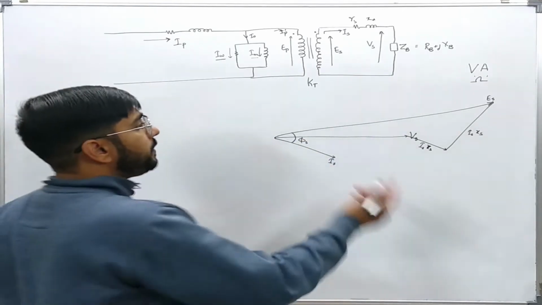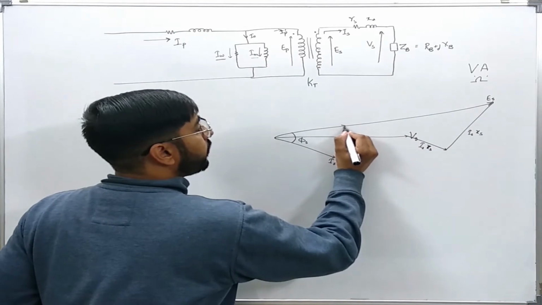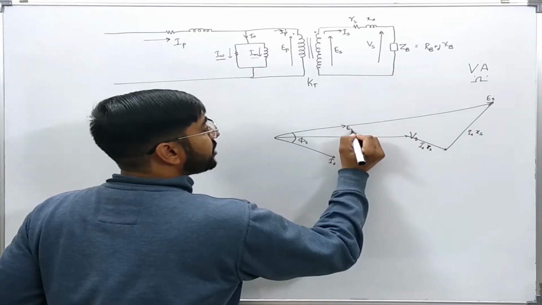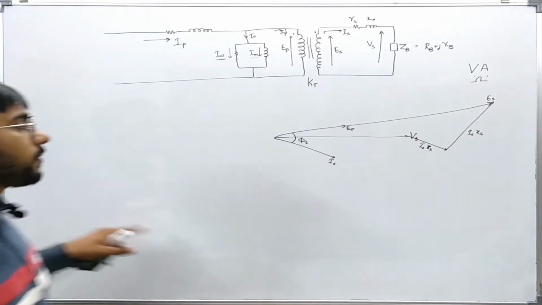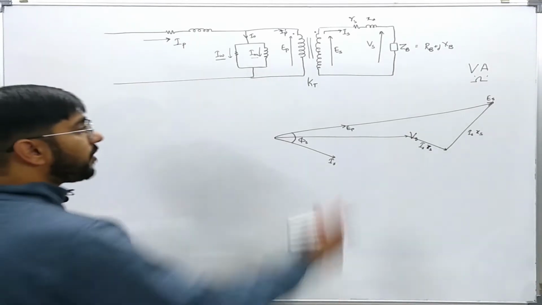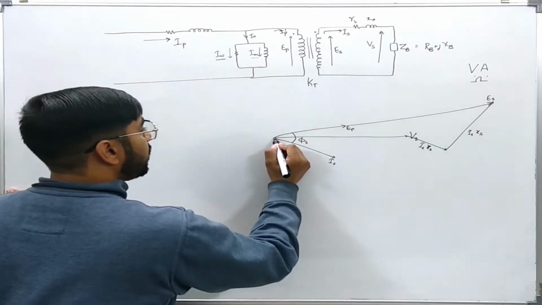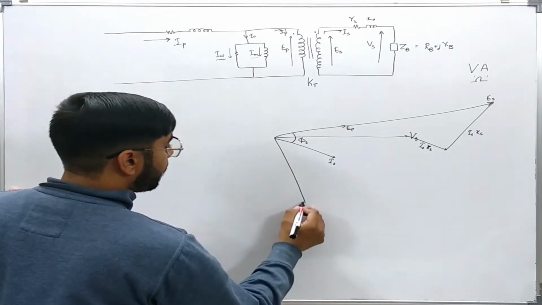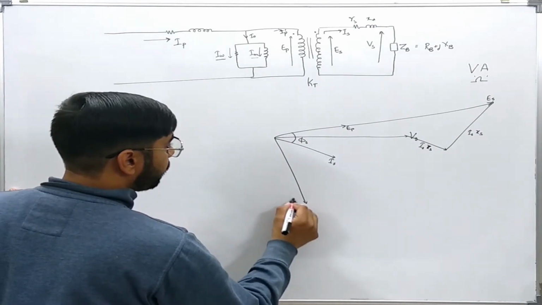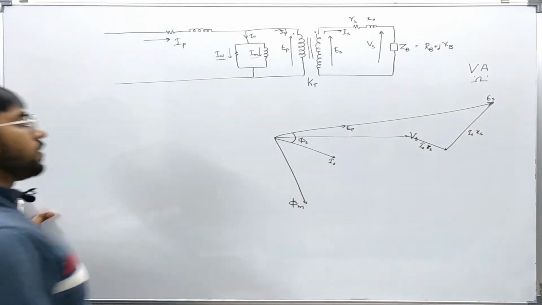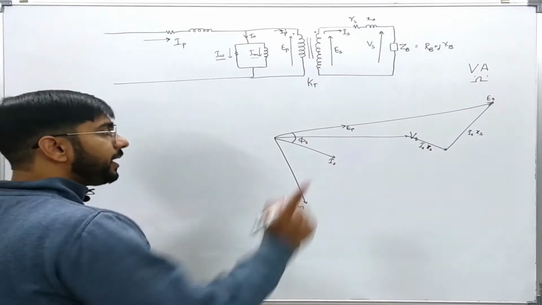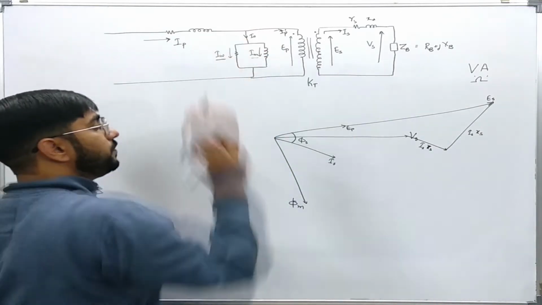Now EP will be in the same direction as Es. So flux will be lagging by 90 degrees. This is the flux. Now there will be two components of this IO.